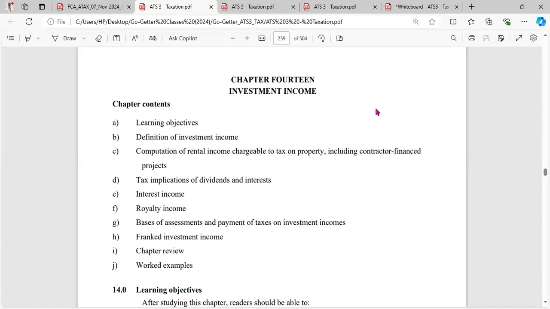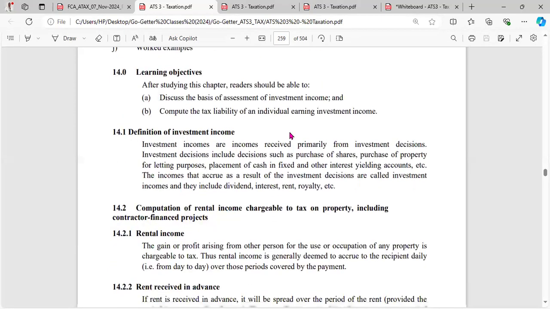We are going to see how to compute rental income chargeable to tax on properties. We'll look at the implication of dividends and interest. We'll look at royalty income, basis period, and payment of tax on investment incomes. Then we'll look at franked investment income. So let's go straight right away.